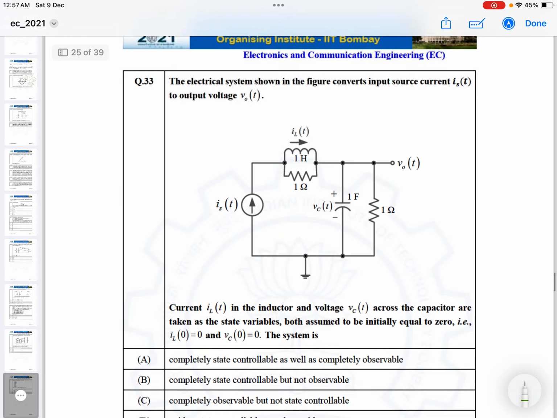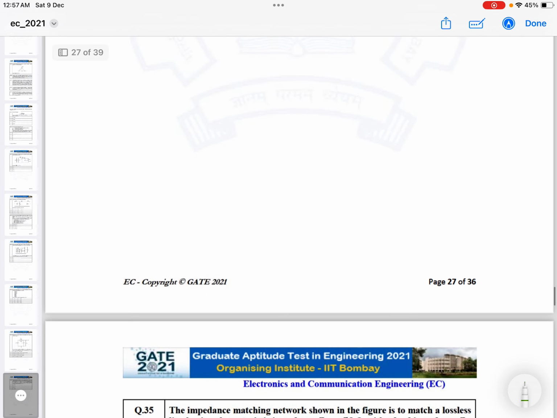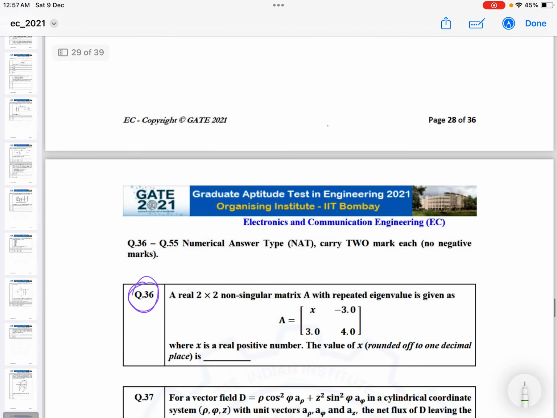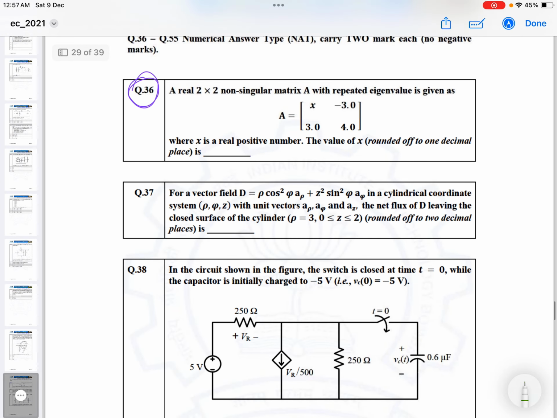I think there is one more question from this. Yes, question number 36. A 2 by 2 non-singular matrix A. Non-singular means it will be invertible and all the columns of A will be independent.